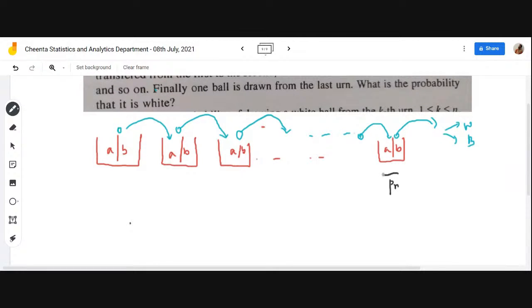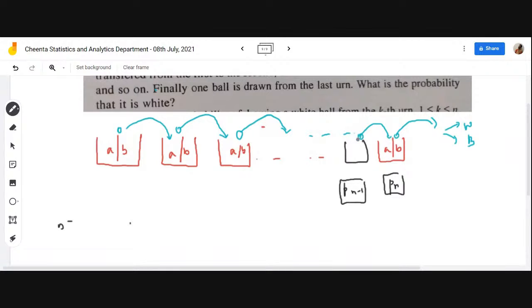This Pn is dependent upon this Pn minus 1. It's like a chain. So this is dependent just upon the previous box, just the Pn minus 1.